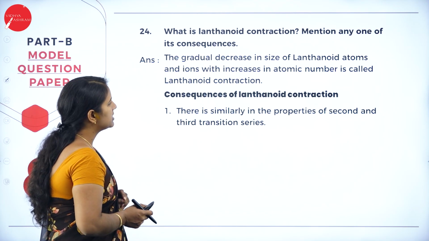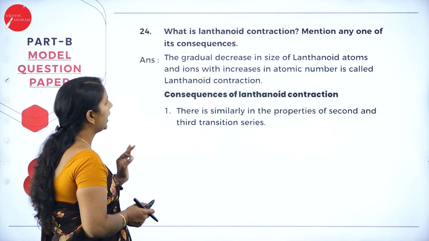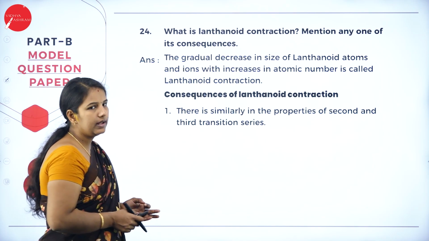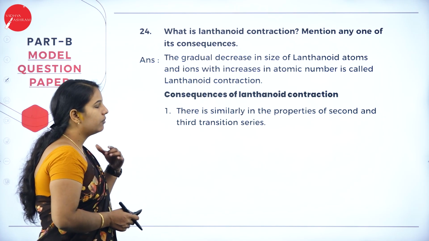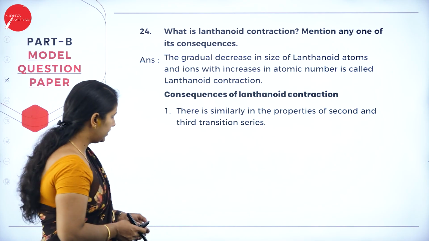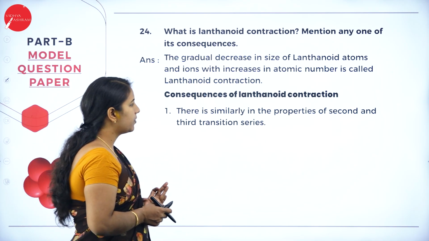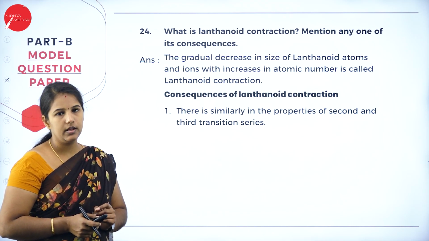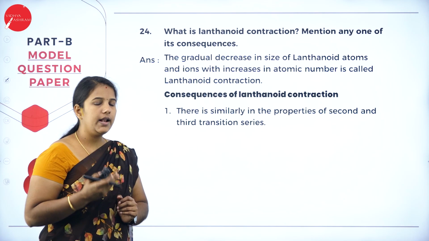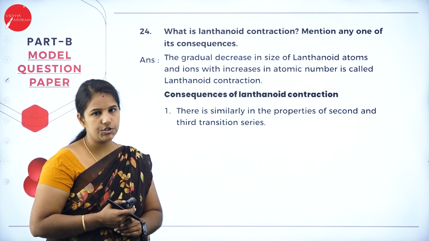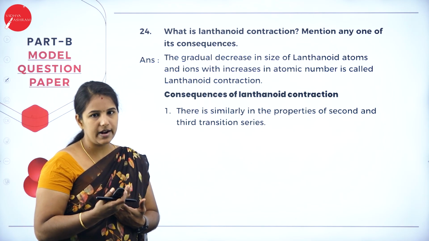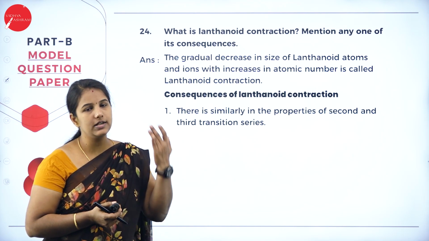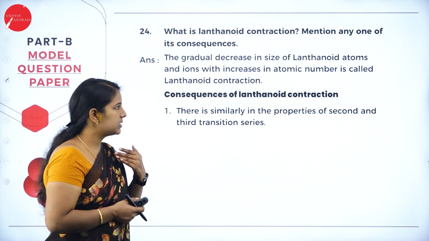Gradual decrease in size of the lanthanide atoms and ions with increase in atomic number is said to be lanthanide contraction, and one of the consequences is there is a similarity in the properties of the second and the third transition series. Okay. So, in the second as well as in the third transition series, we can find the similarity because of the lanthanide contraction. What is lanthanide contraction? Decrease in atomic size.